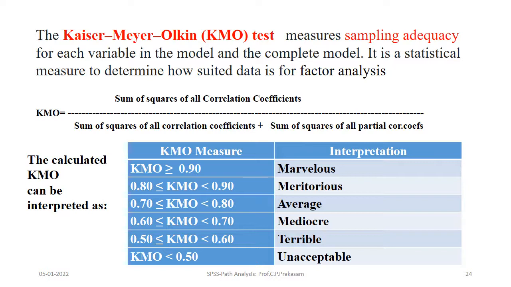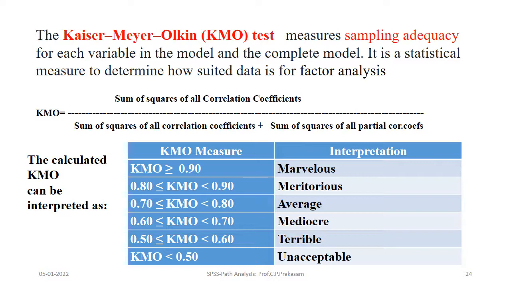Therefore, KMO equals the sum of squares of all correlation coefficients divided by the sum of squares of all correlation coefficients plus the sum of squares of all partial correlation coefficients. Full literature is available in the references which have been given. One can go through that.